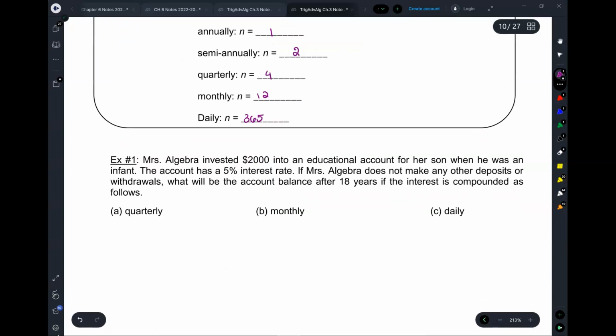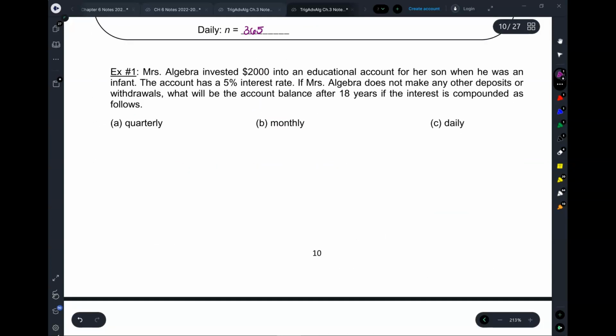All right. So let's take a look at this one. Mrs. Algebra invests $2,000 into an educational account for her son when he was an infant. The account has a 5% interest rate. So they invested $2,000. That's the principal. So we're going to write that here. We're going to make a little cheat sheet for us. 2,000. It has a 5% interest rate.